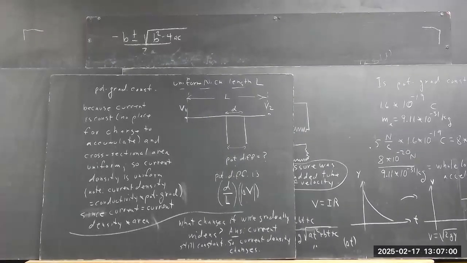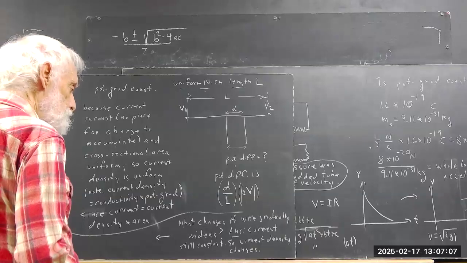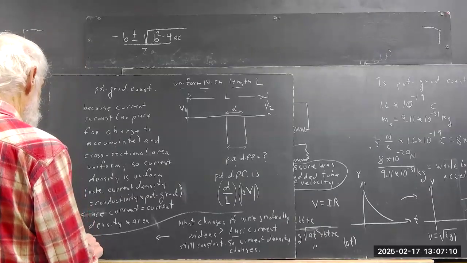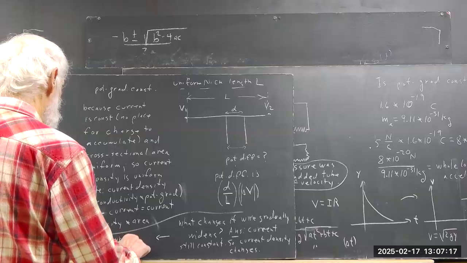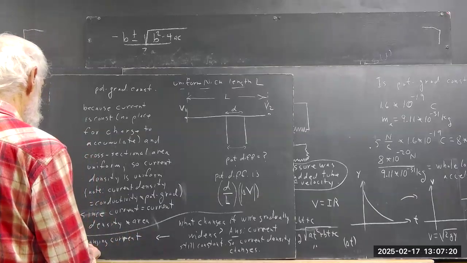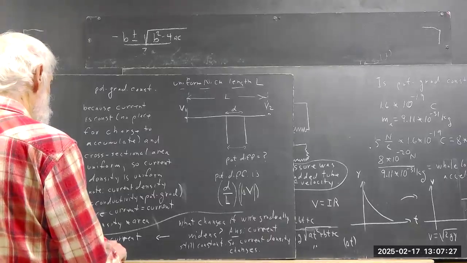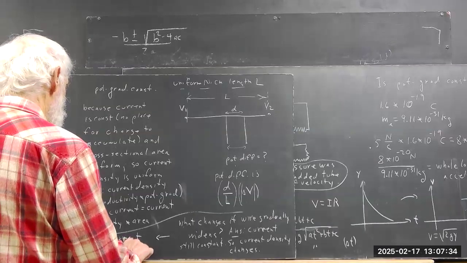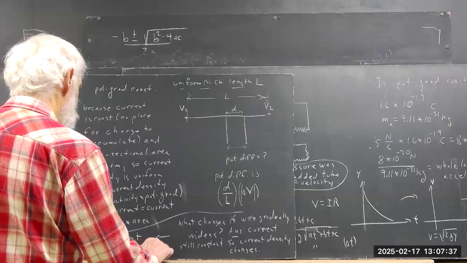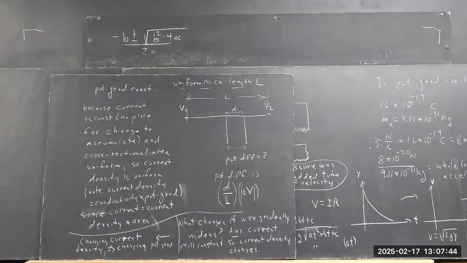Okay, we got another good answer there. Changing current density implies changing potential gradient.